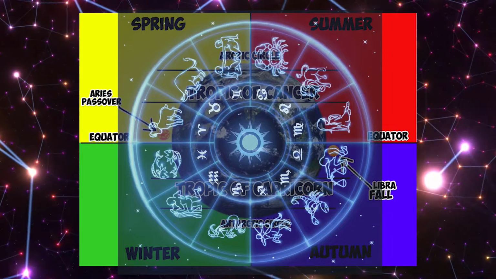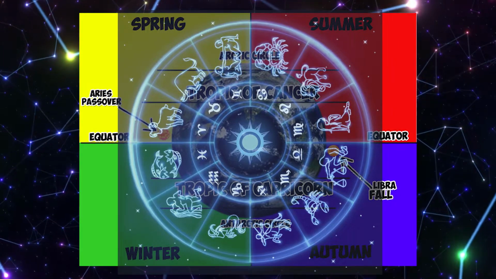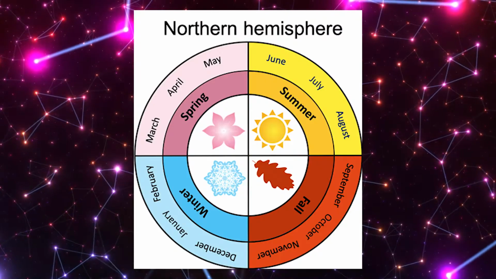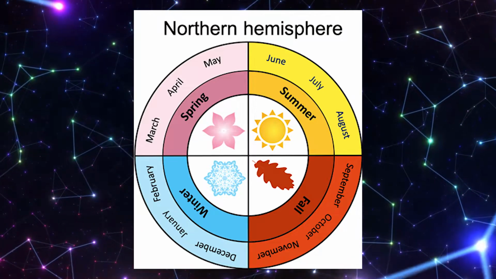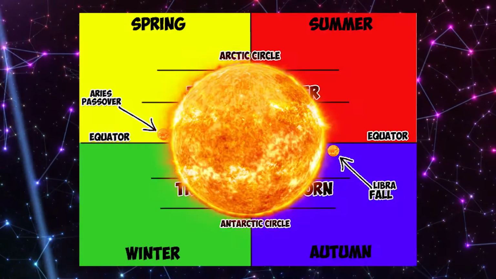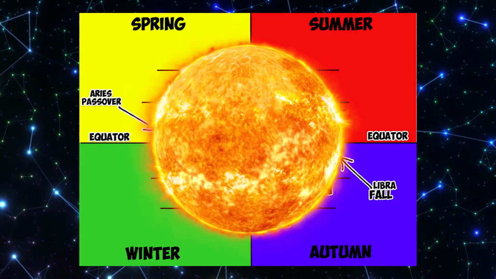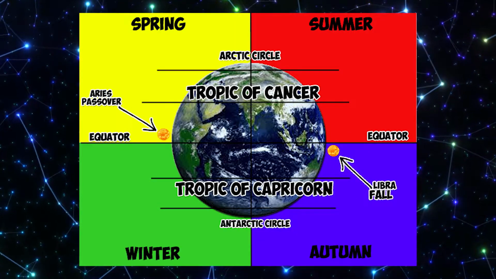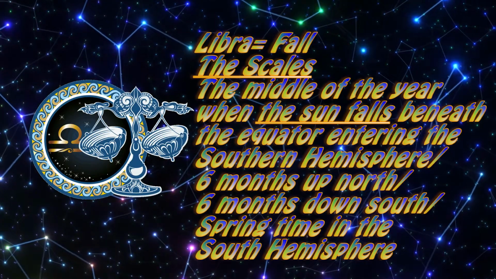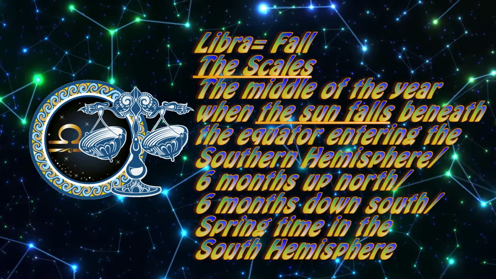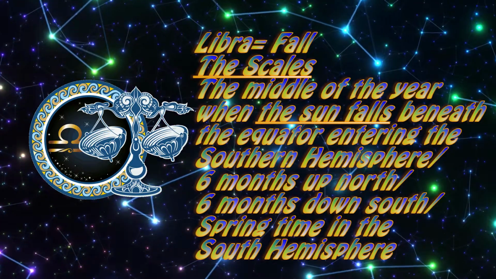If you count these constellations, you'll notice that it's 6 different constellations, and that's the first 6 months of the year. Spring and summer is the first 6 months of the year. So the sun is up north for 6 months and is down south for 6 months. So when Libra hits, you know that the sun has fallen beneath the equator again, and now it's time to start getting ready for winter.